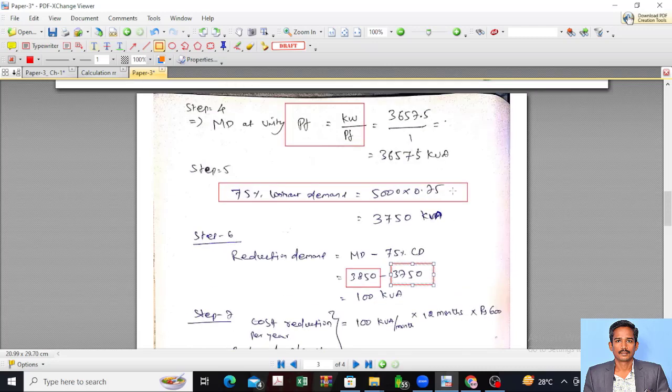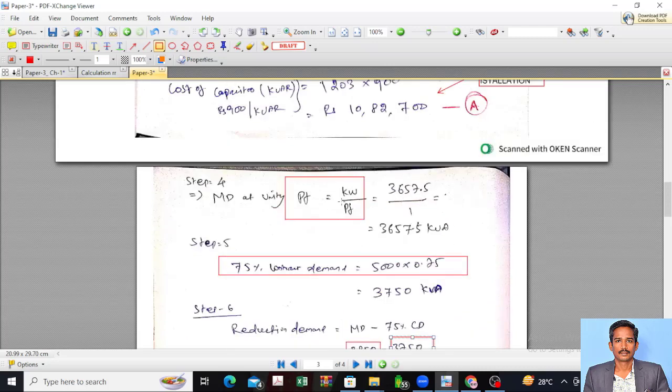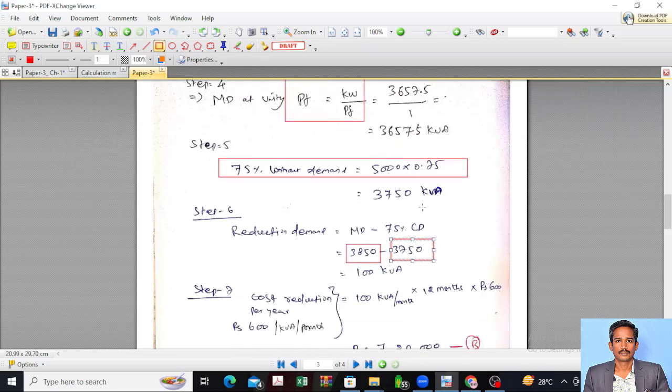How is it possible? Because we achieved power factor 1, the maximum demand is now 3657.5. But the electricity company always charges 75% of the contract demand, so the contract demand is always 5000 into 0.75, and they charge this amount.